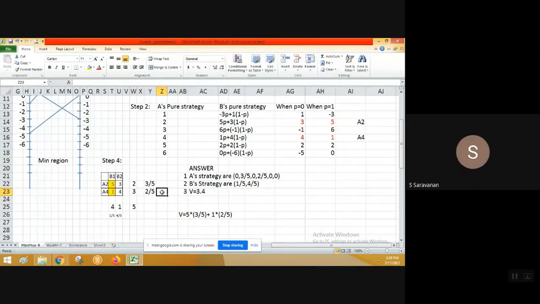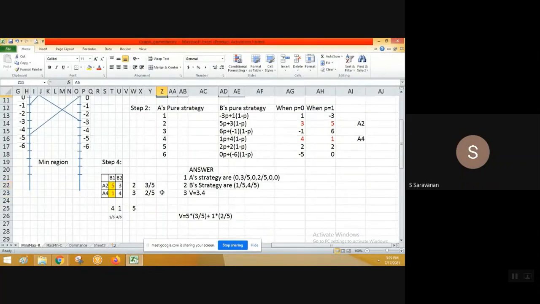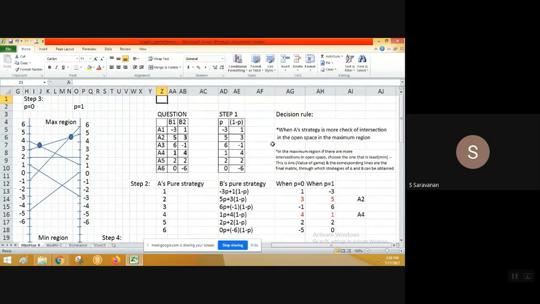So this specific problem is when A's strategy is higher. Again, I just want to highlight one thing, this decision rule. When A's strategy is higher, check for an intersection in the maximum region. When B's strategy is higher, it will be opposite.